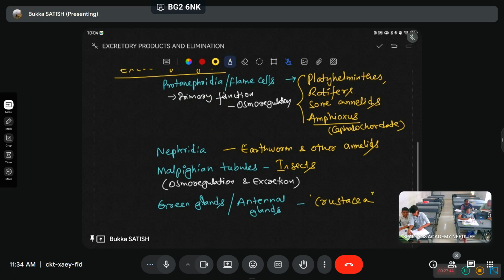Crustacea, for example, prawns. These are also arthropods only, but in Arthropoda, crustacea is one group. In this, you can see green glands or antennal glands.